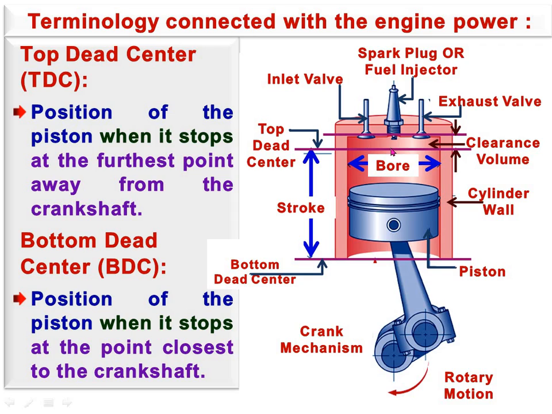So in the top dead center, we can simply say the piston stops away from the crankshaft, either in the compression stroke or in the exhaust stroke at the top of the cylinder, and in case of bottom dead center, either at the end of the suction stroke or at the end of the power stroke, the piston stops closest to the crankshaft. That is the bottom dead center.